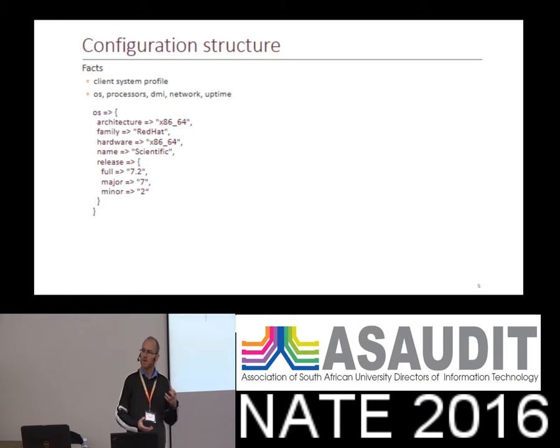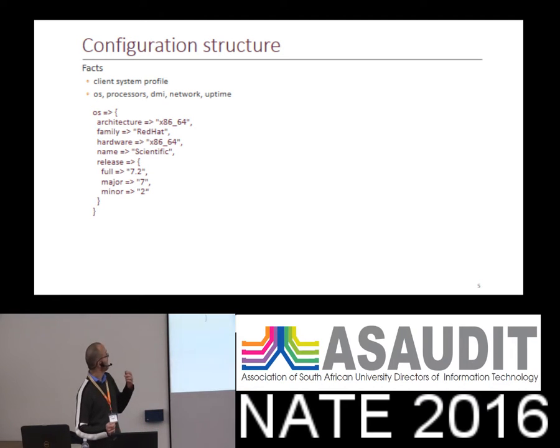The number and identities and configurations of all your network interfaces. And also returns things like uptime and the host's SSH keys. And if you ask for the OS facts, for instance, you'll get a structure like that back.